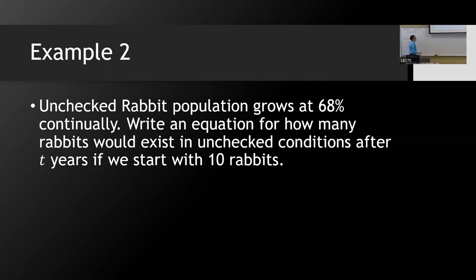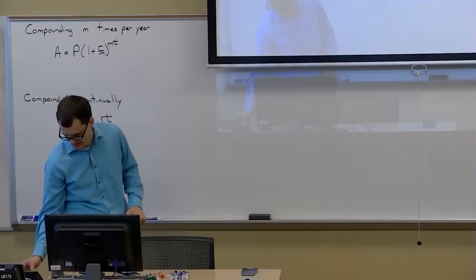How many rabbits would exist in unchecked conditions after T years if we start with 10 rabbits? So we're starting with 10 rabbits, and we want to create an equation for how many rabbits exist after T years.